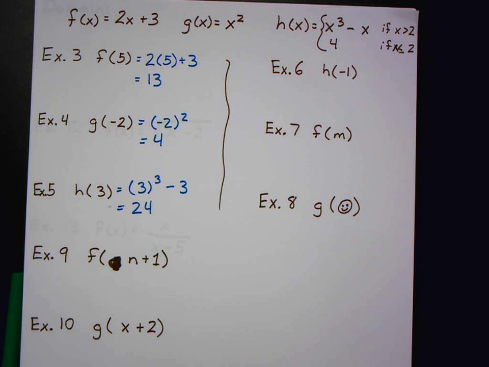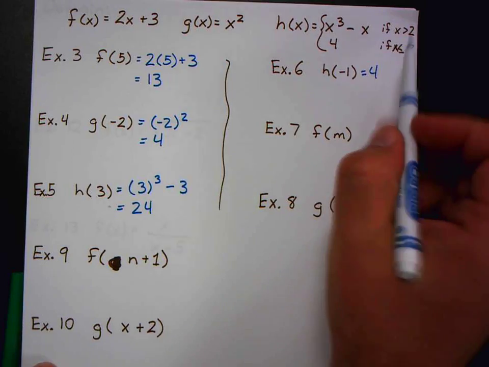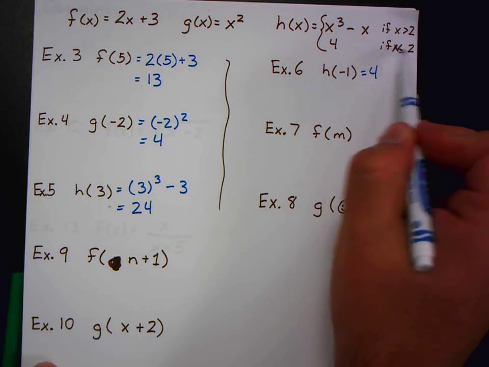Okay, so what's h of negative 1 going to be? That one always messes people up because I didn't actually give you an equation. 4. Negative 1 fits into this bottom one, right?